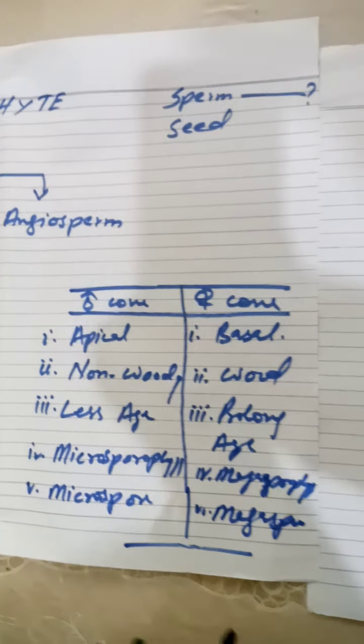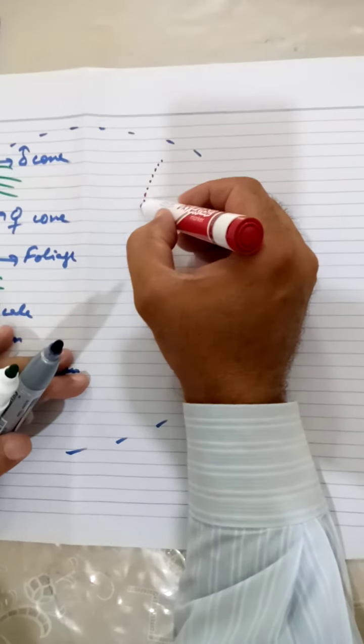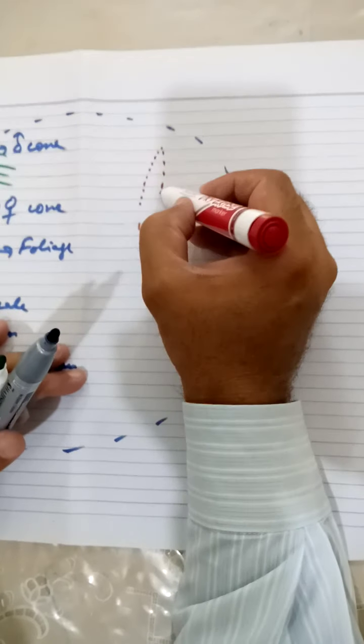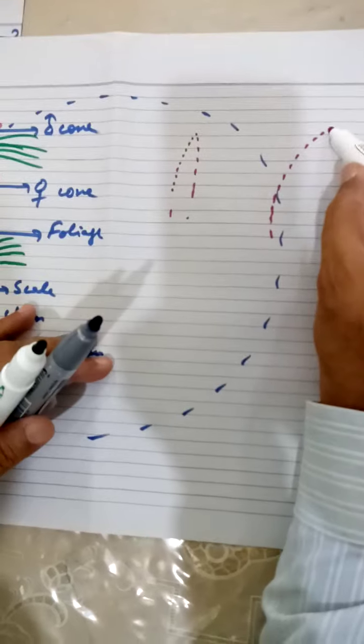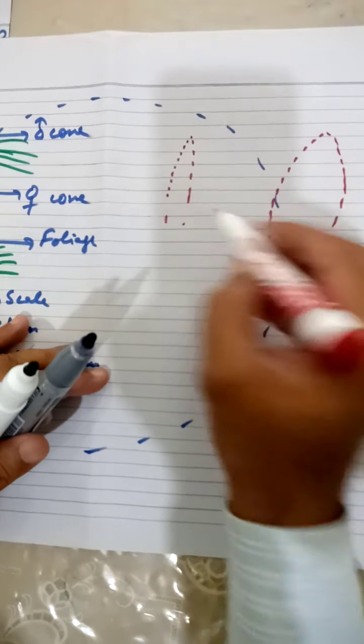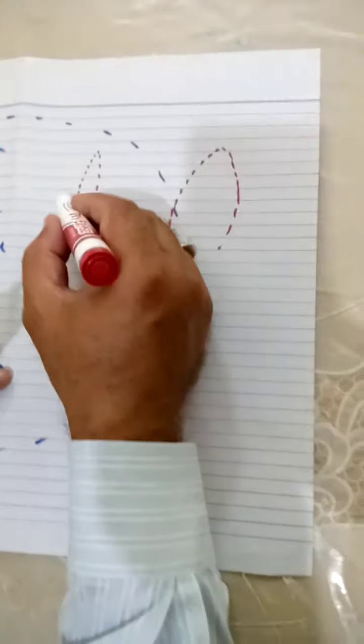Now we just draw the male and female cone. Just make a rounded structure like this one. Here is some bulky structure like this one. It contains small leaves, microsporophylls. Here it contains ovuliferous leaves like this one.